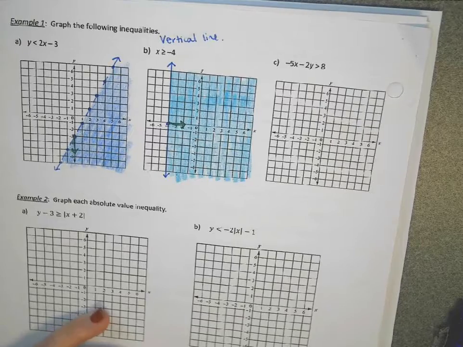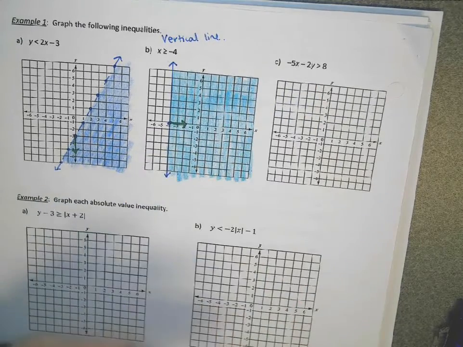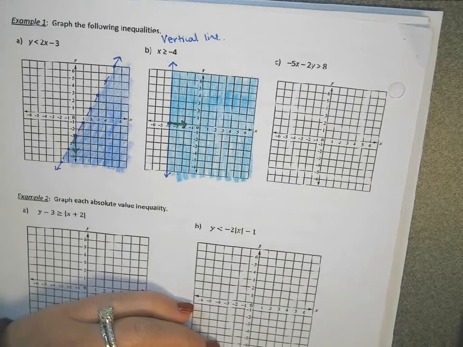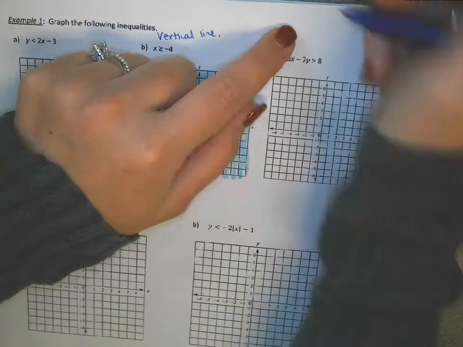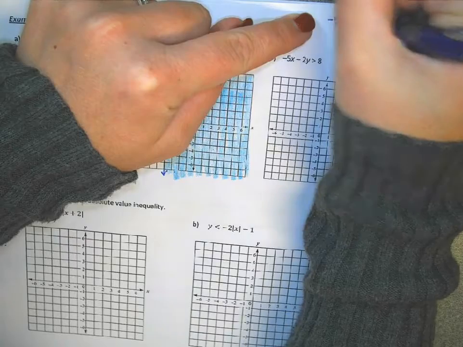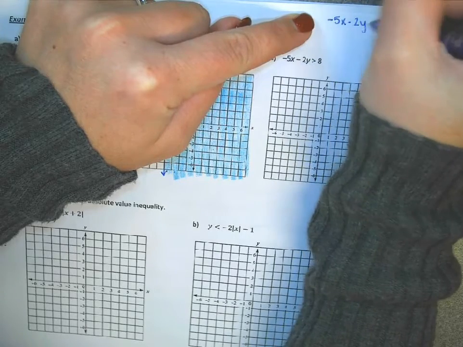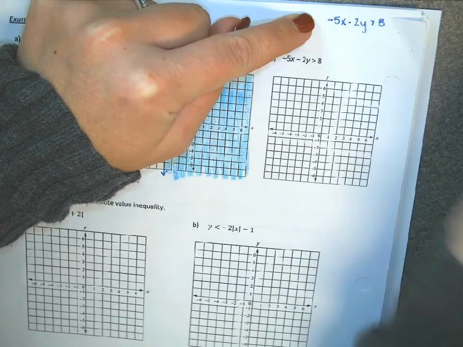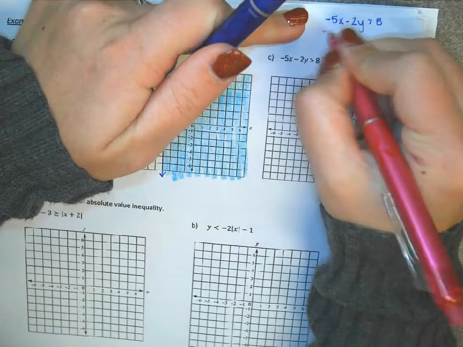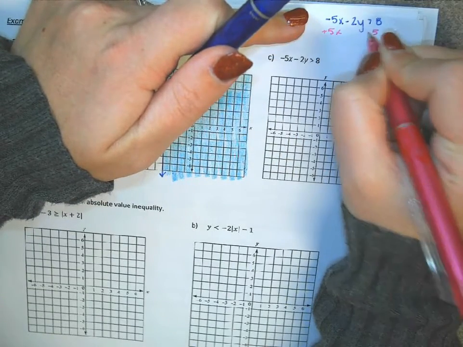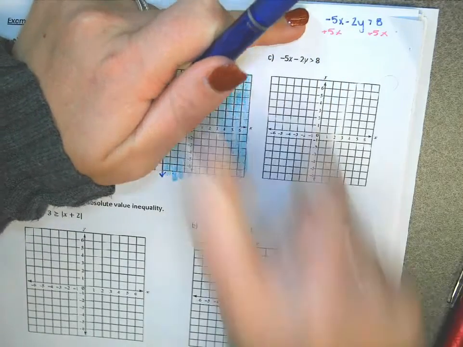Next one, this one is in standard form. So we're going to have to do a little bit of work here to get y alone. The first thing that you're going to do, I'm going to rewrite it up here, is add 5x to both sides. 5x and 8 are not like terms.